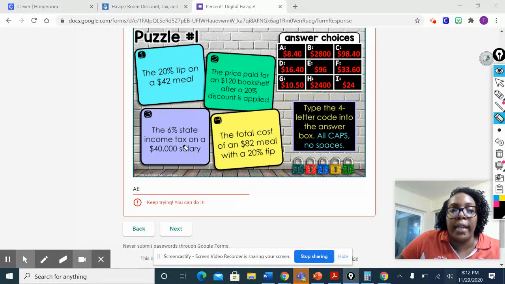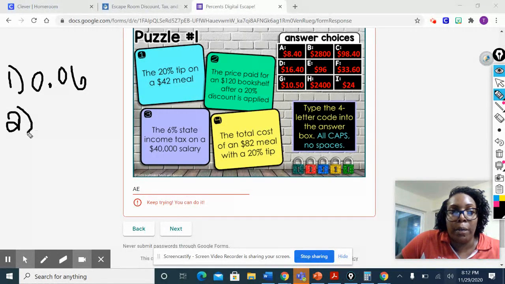6% state income tax on a $40,000 salary. All right, so they're asking what is that? Change that to a decimal. Number 1, 0.06. Don't forget, it's going to be an extra 0 for the 6. Okay, step 2, we're going to multiply 0.06 times 40,000.